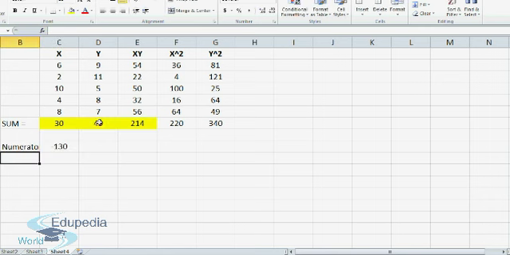Yeah, so this is our numerator, and then we have two denominators.